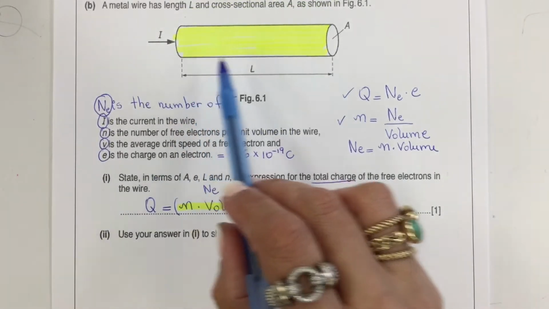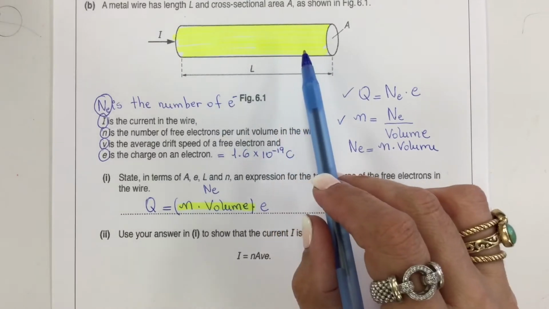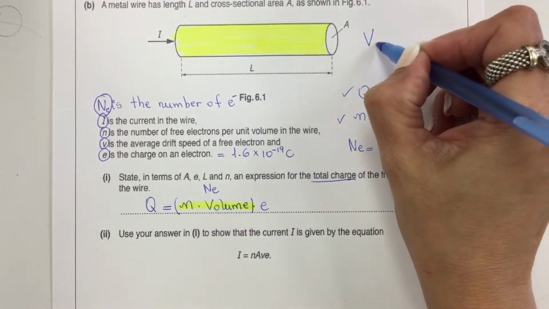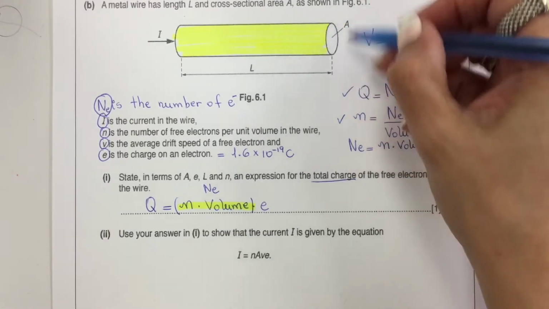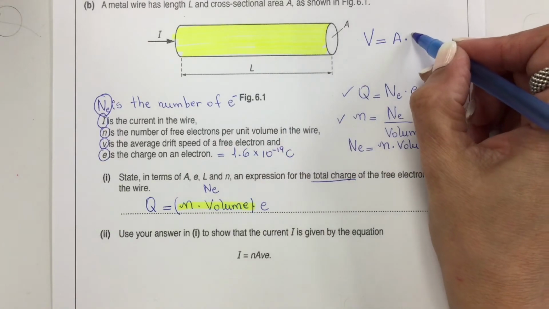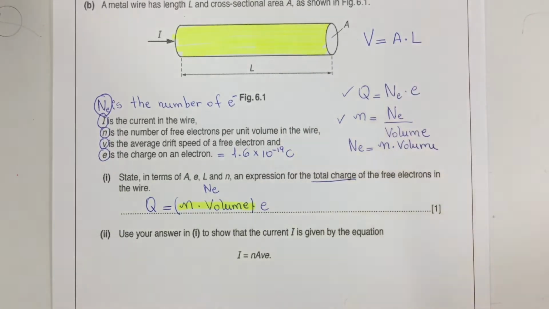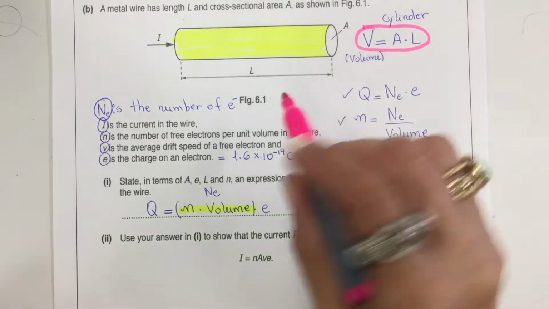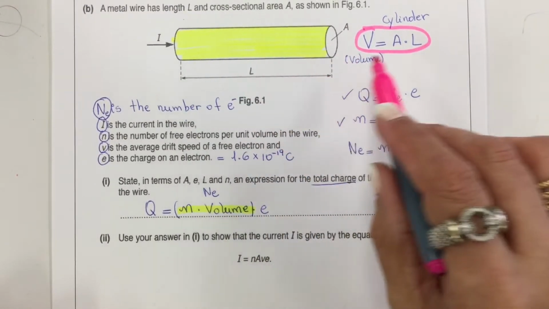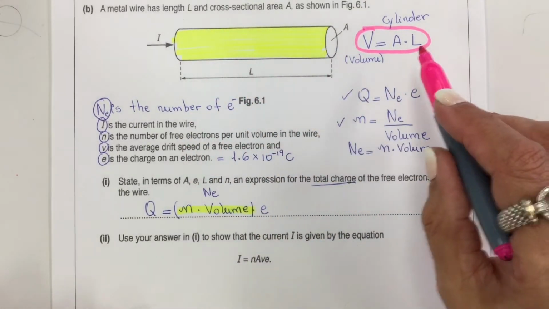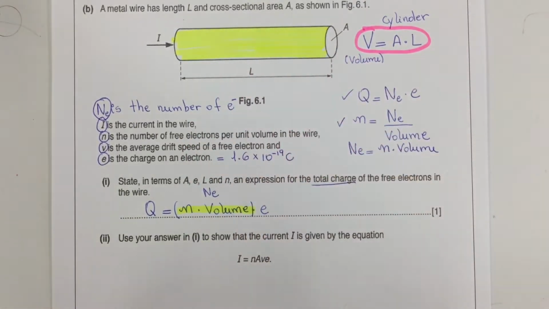The shape of this wire is cylindrical. The volume of a cylinder is the area times the length or height. So I'm going to highlight this for you. The volume of this shape, which is a cylinder, is the area times the length, in this case L for the length.